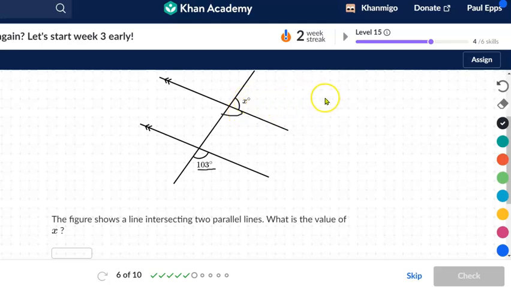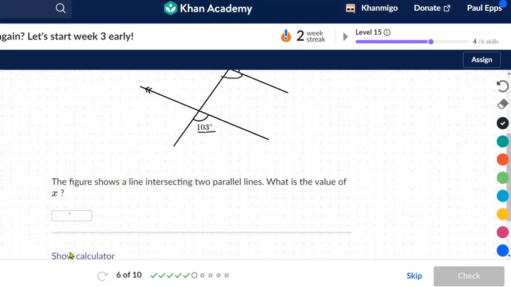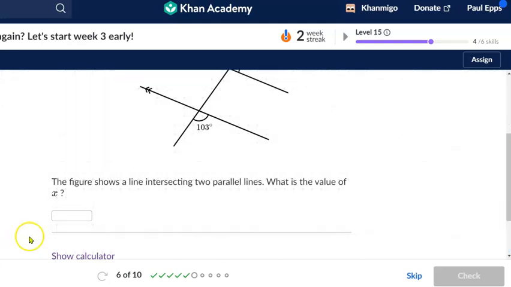It's a supplementary angle with x, so it needs to add up to 180. 103 plus 77 equals 180, so x equals 77.